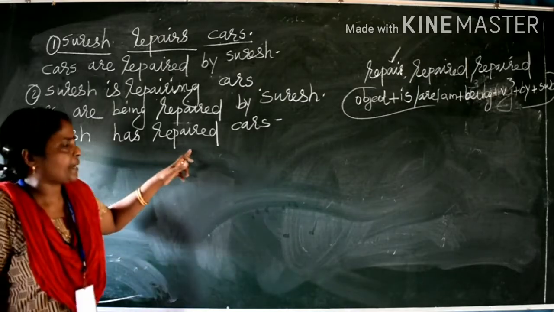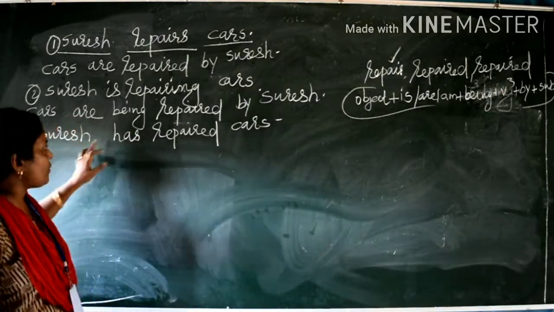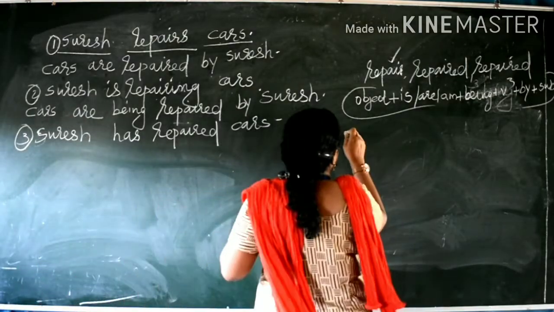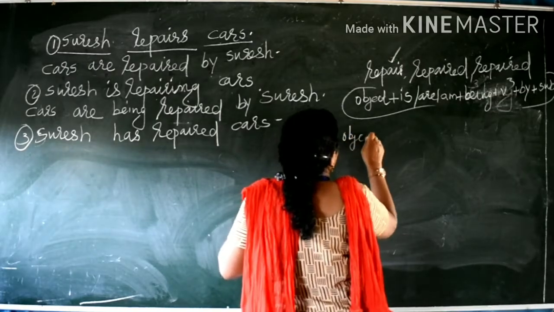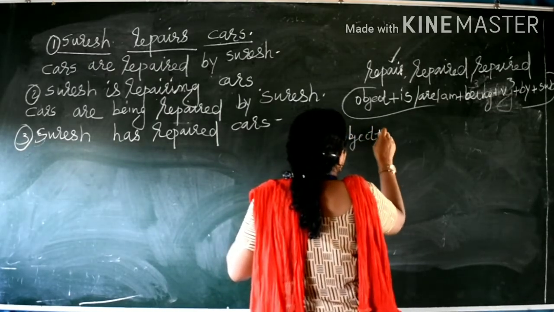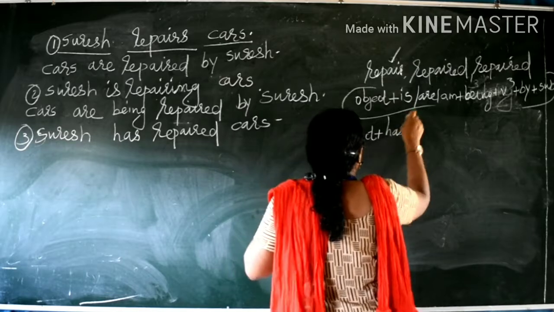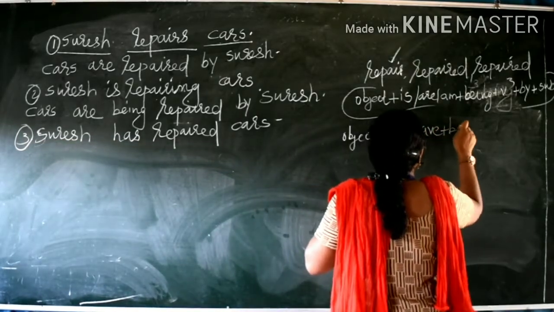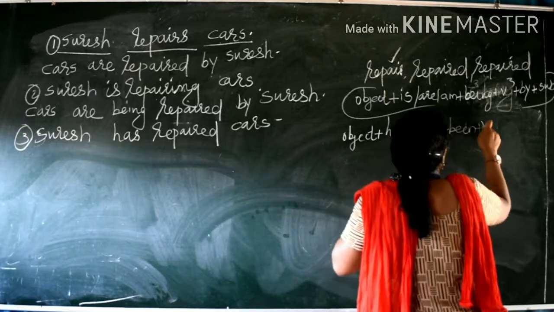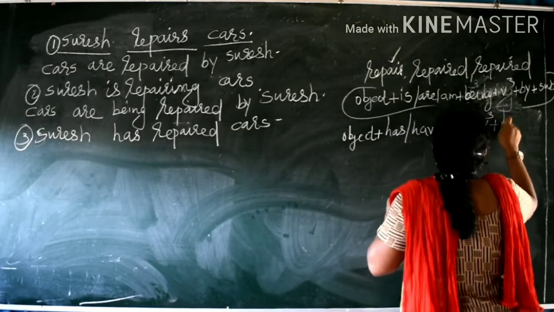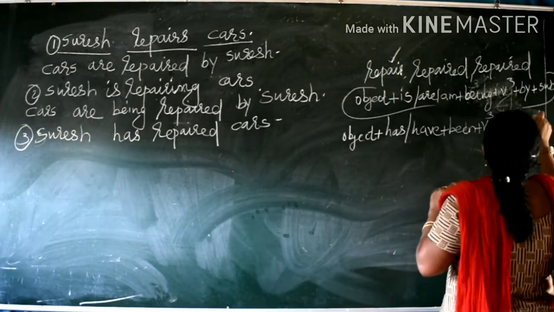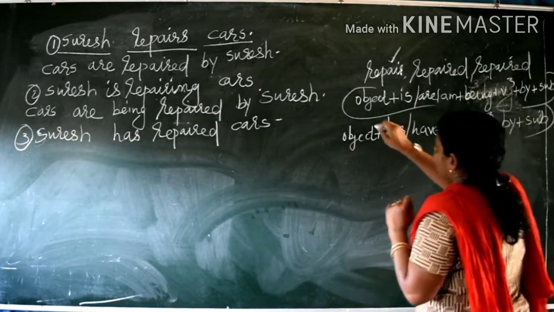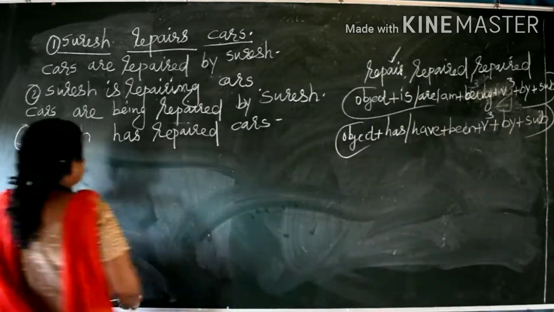Suresh has repaired cars. So the formula for this: object plus "has" or "have" plus "been" plus the third form of the verb plus "by" plus subject. This is the formula for present perfect tense.